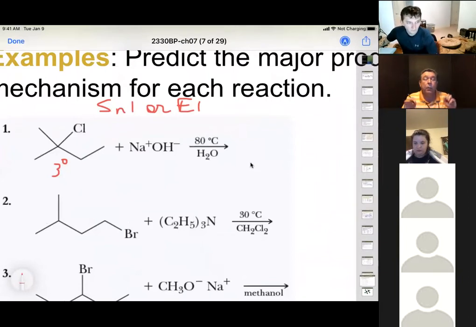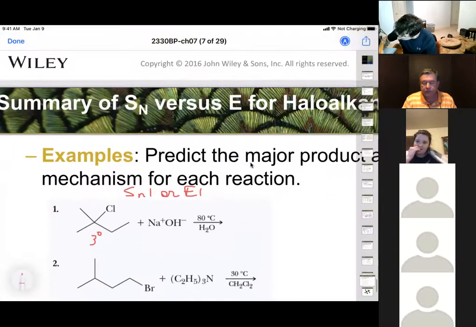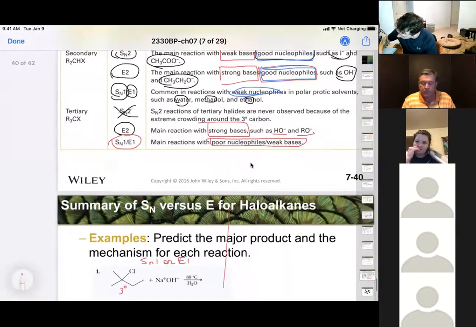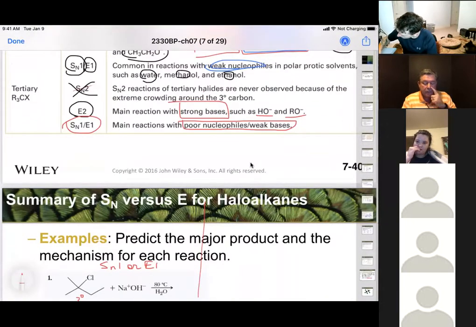Now, when we talked about SN1 and E1, we talked about the idea that it works if it has a good nucleophile. For that, a strong base will do an elimination reaction, but a weak nucleophile or a weak base will do the substitution reaction right here.